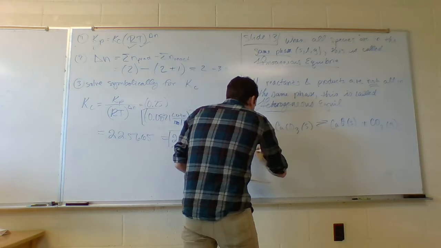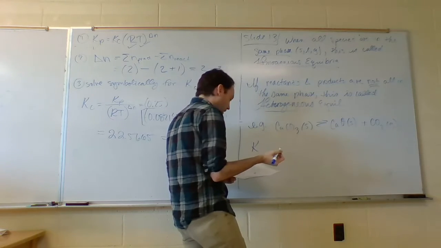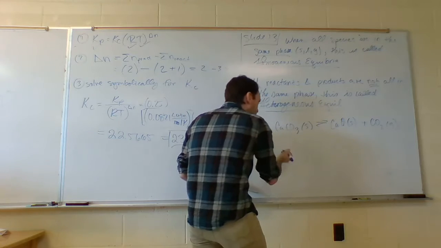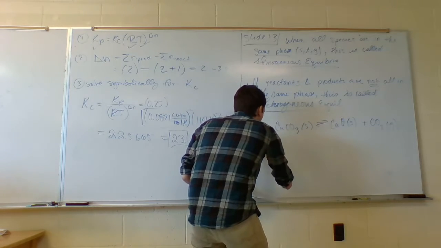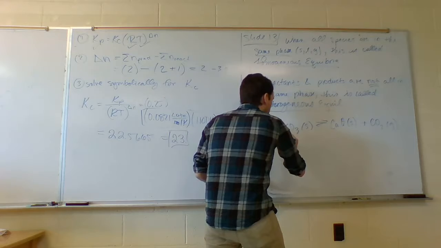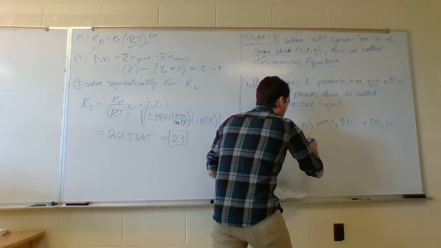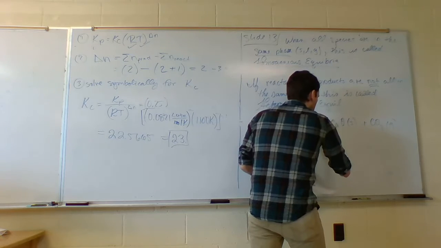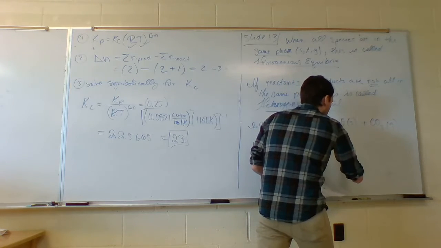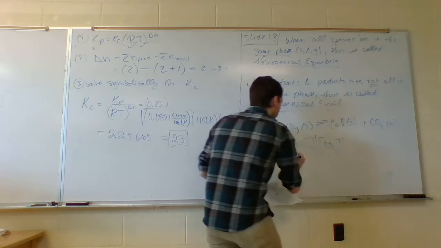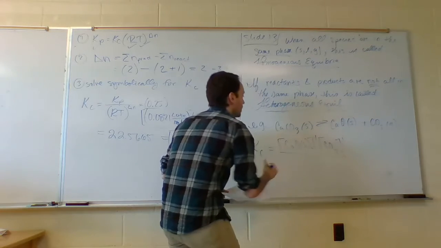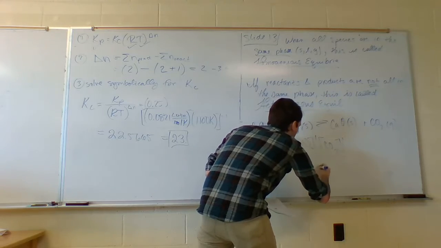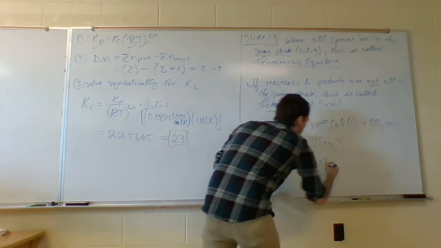If we did this in terms of concentrations, we would initially think that maybe our Kc would be equal to the concentration of CaO solid to the first times our concentration of CO2 gas to the first all over our concentration of CaCO3 solid, okay?